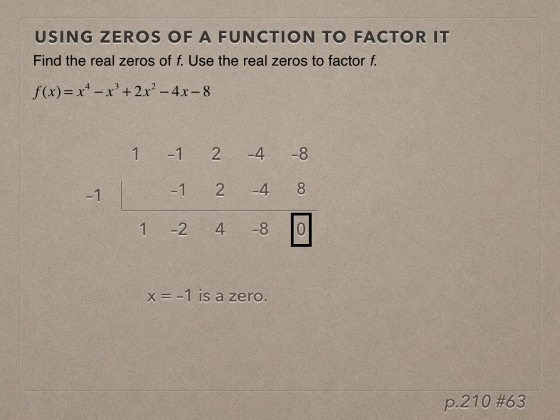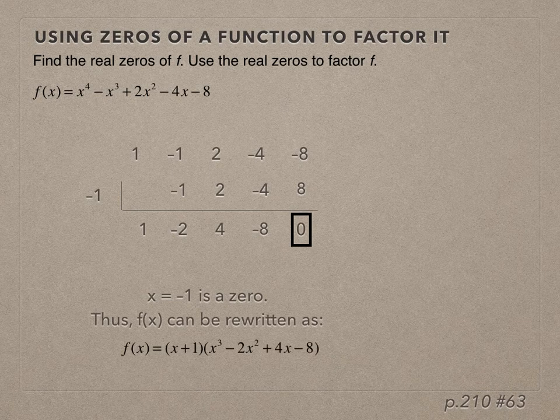And now what we can do is rewrite the function in another equivalent form, which will be a factored form. We're going to rewrite the function as x plus 1 times this other polynomial, x cubed minus 2x squared plus 4x minus 8.